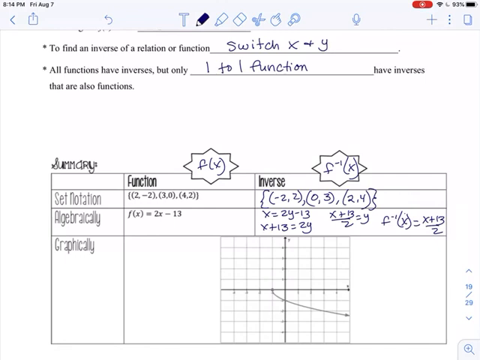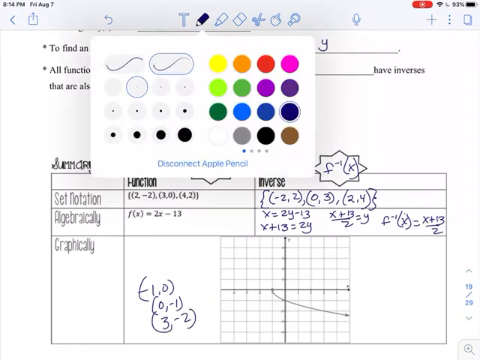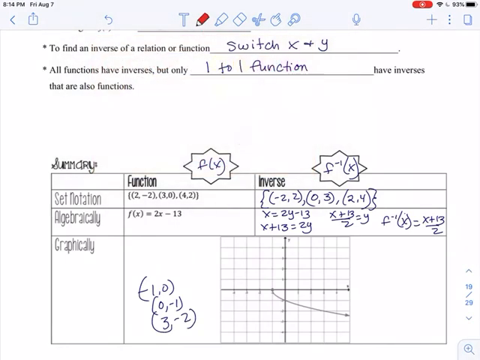And then graphically, my points for this graph are negative 1, 0, 0, negative 1, and 3, negative 2. So then the inverse is going to be the exact opposite. So my inverse points will be 0, negative 1, negative 1, 0, and negative 2, 3.